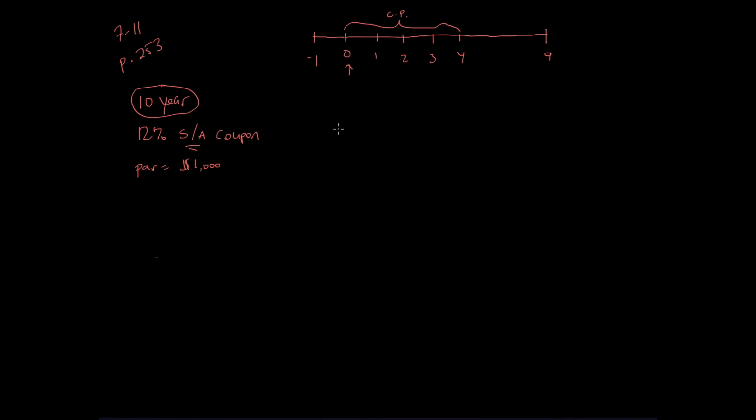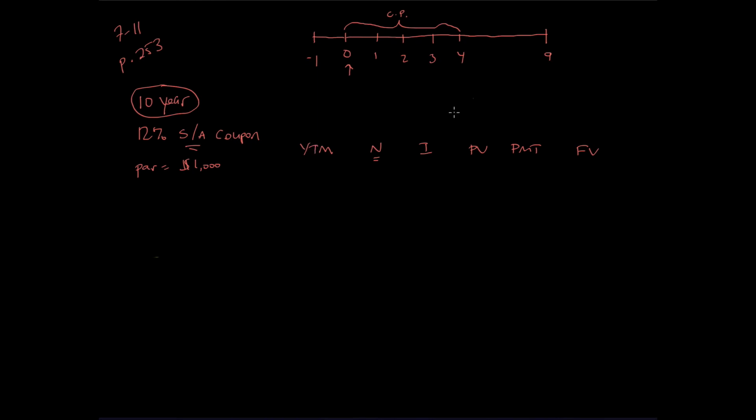With that in mind, the first thing that we need to calculate is yield to maturity. So we'll set up N, I, PV, PMT, and FV. Let's work on N first. We know that there are 9 years to maturity, but remember we have a semi-annual coupon payment.